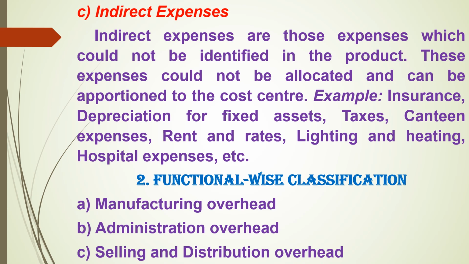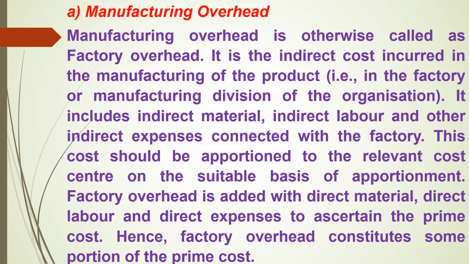2. Functional-wise classification. A. Manufacturing overhead. B. Administration overhead. C. Selling and distribution overhead. A. Manufacturing overhead. Manufacturing overhead is otherwise called factory overhead. It is the indirect cost incurred in the manufacturing of the product, i.e., in the factory or manufacturing division of the organization.